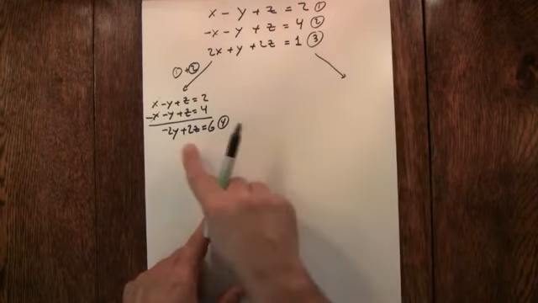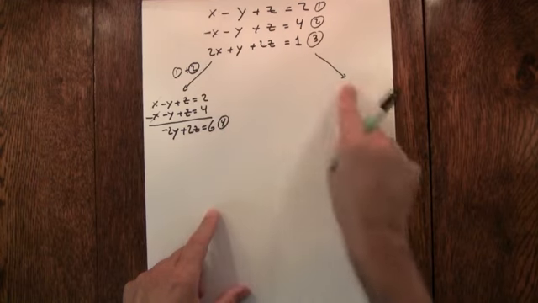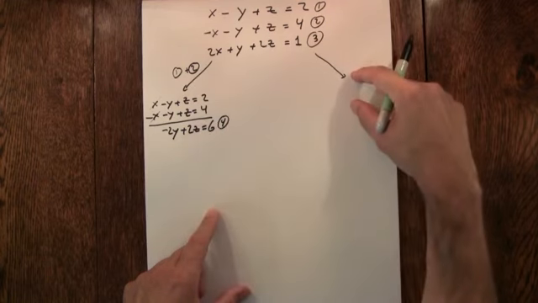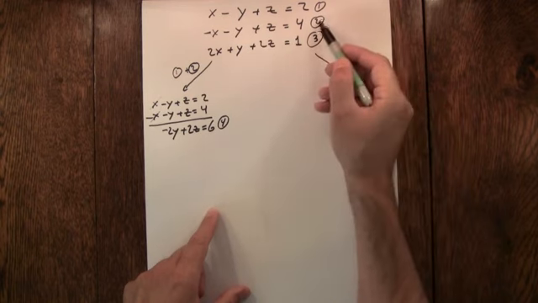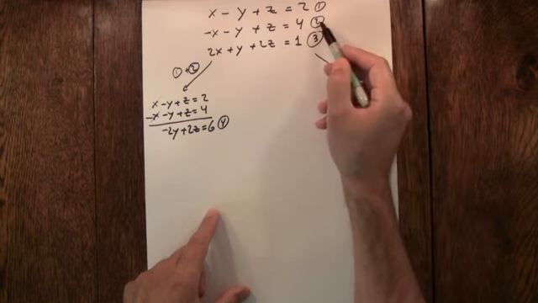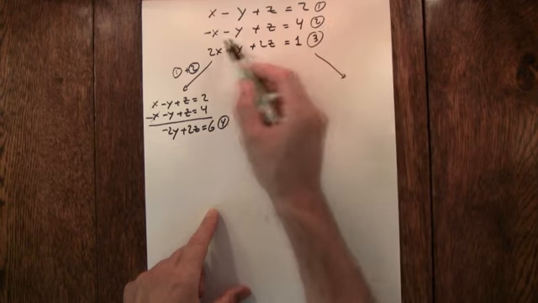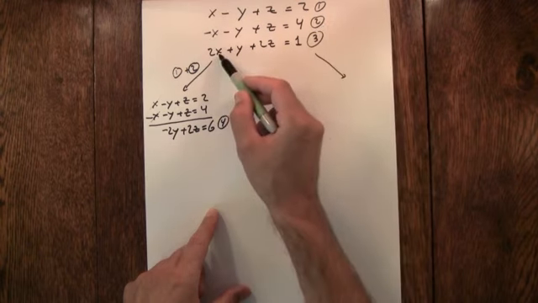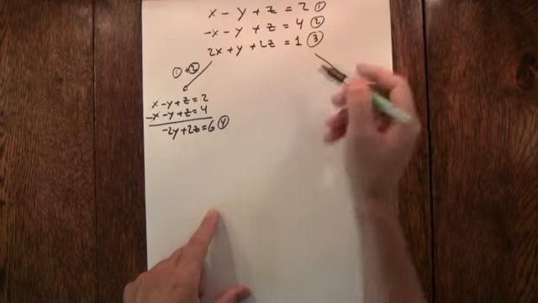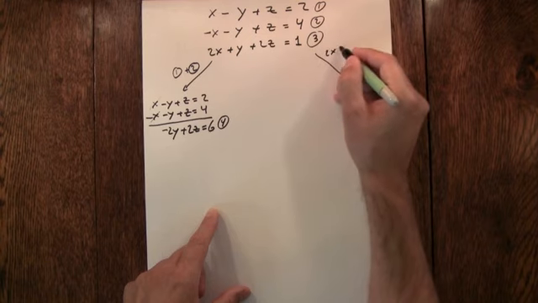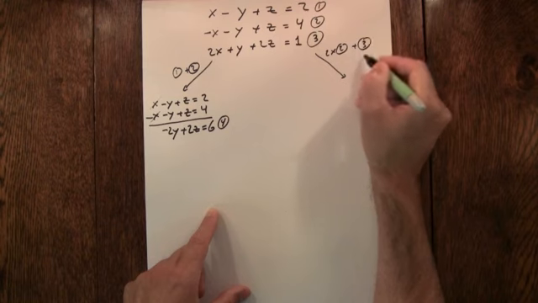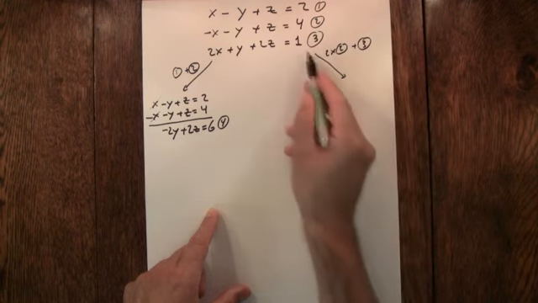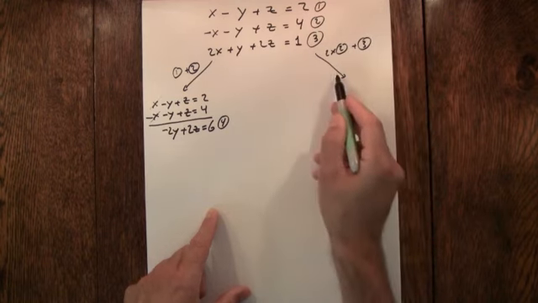Now I need to get rid of x in my next process as well, right? So I'm going to combine equation 2 and 3, but I'm going to have to multiply equation 2 by 2 because I need a negative 2x here to cancel out 2x, right? So 2 times equation 2 plus equation 3. That's what the algorithm is.